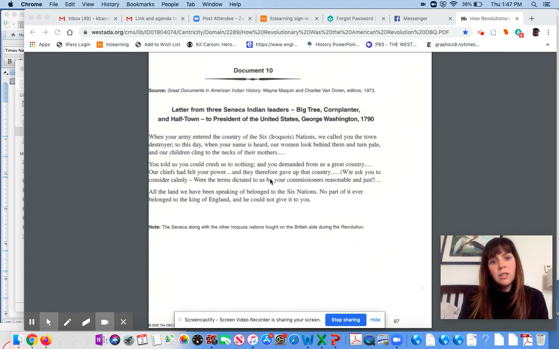That's a lot of words. Basically, after the war, if you were an Indian and you lived in America, a lot of your land got taken by the US government. So if we think about the American Revolution bringing a lot of change, making people more equal, hearing more people's voices, does this letter from these Indian leaders to George Washington show that?